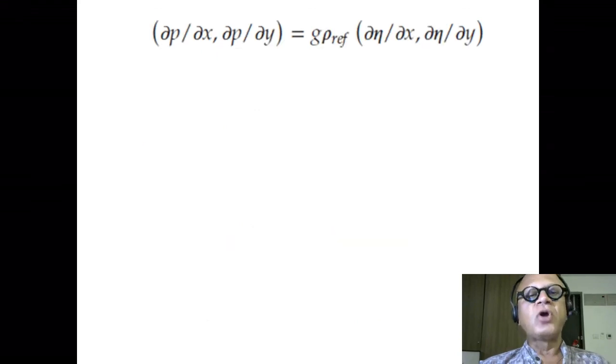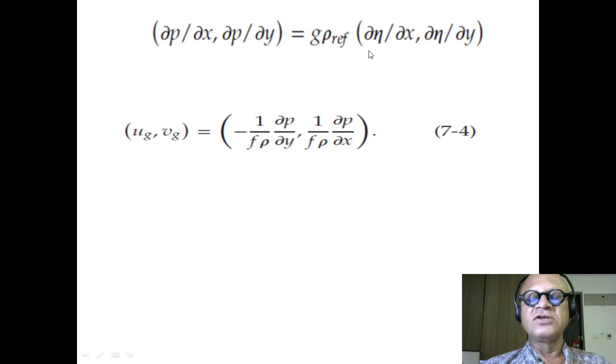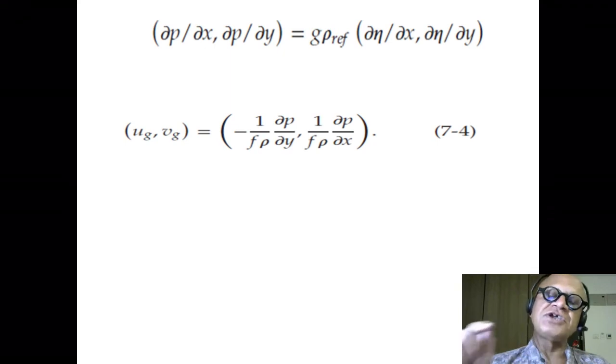So we want to write obviously dp/dx and dp/dy to get our geostrophic currents, which become for the surface g over rho_ref d eta/dx, d eta/dy. So if you measured sea level variations from satellite altimeter, then you can derive surface geostrophic currents.